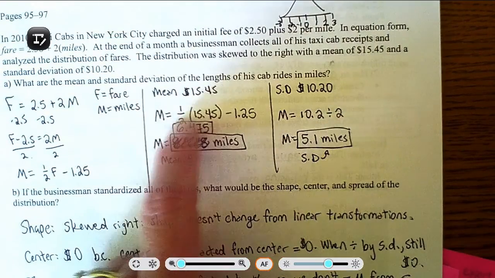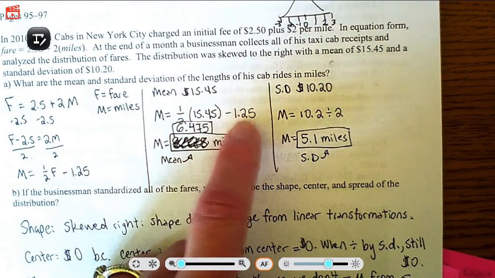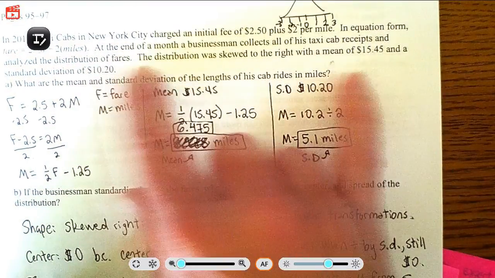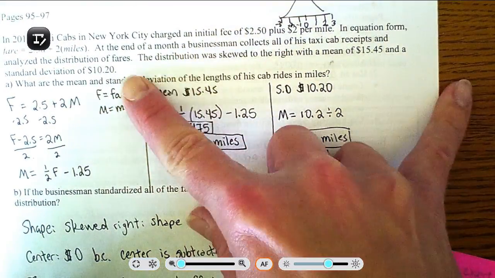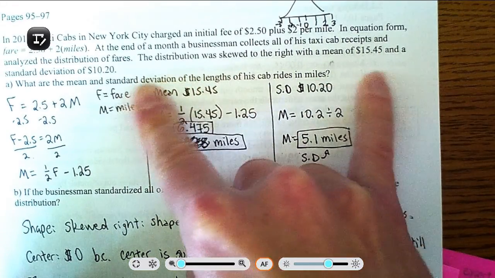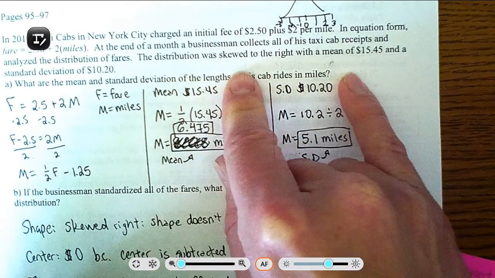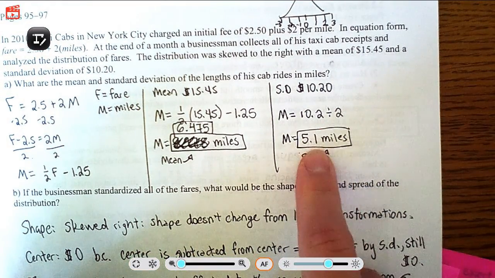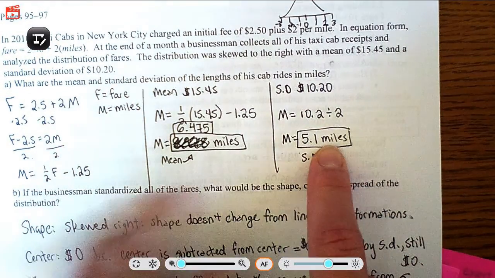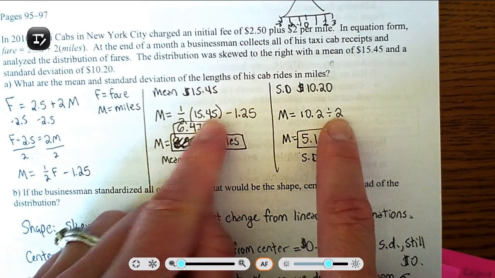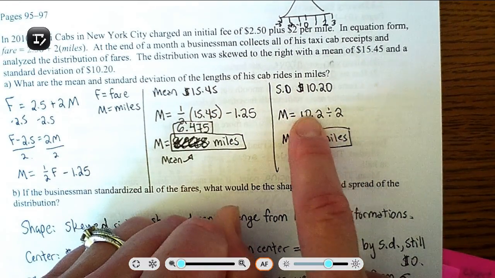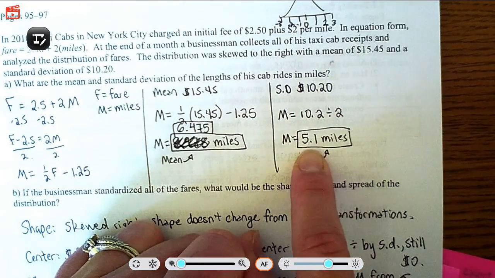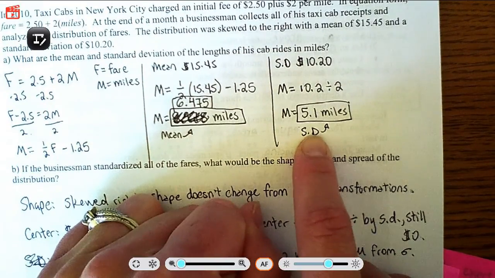I'm going to only run it through the division, not the subtraction of a constant, because standard deviation isn't affected by a linear transformation of addition or subtraction. Spread doesn't increase or decrease when I subtract an amount from every observation. So the distribution of miles shouldn't have that subtraction. It should just be divided by 2. If I take $10.20 divided by 2, I get 5.1 miles. That's my standard deviation of my new distribution.